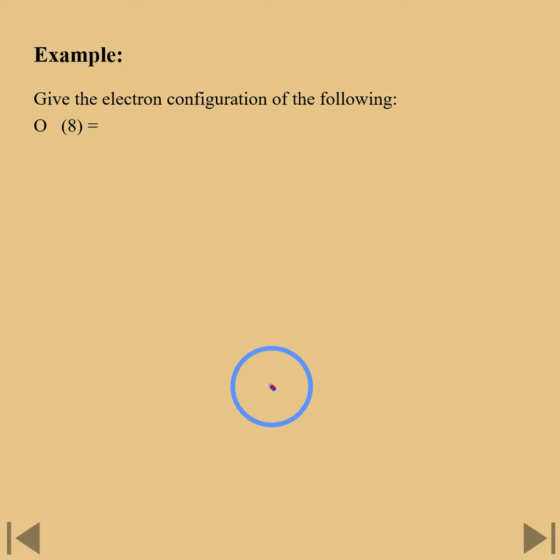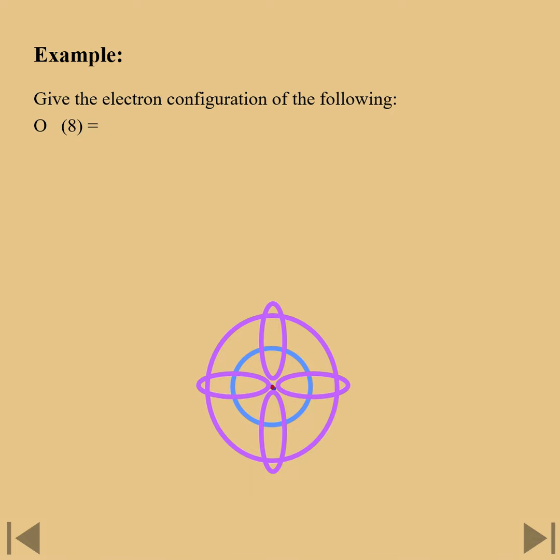My third electron goes into the 2s, and that fills up with 2. There's 4 electrons. My fifth electron starts my 2p. I only have 4 more electrons, so we're not going to fill up the 2p. We'll only have 4.